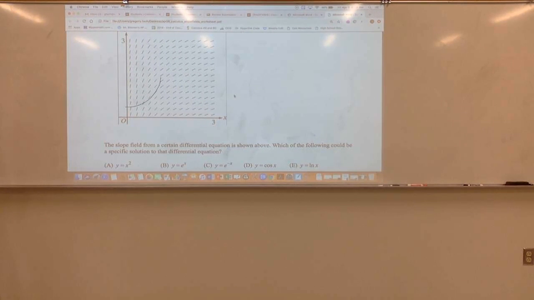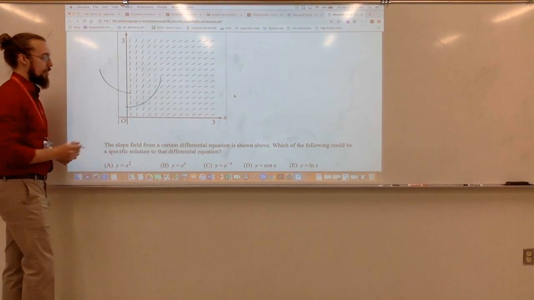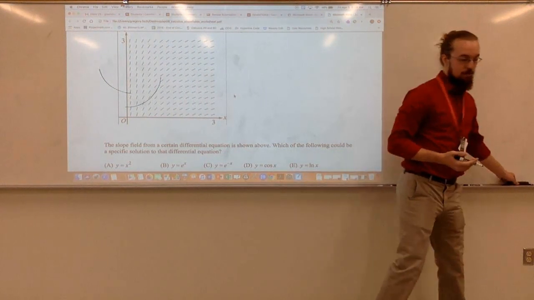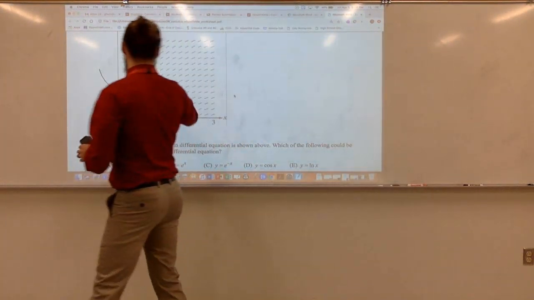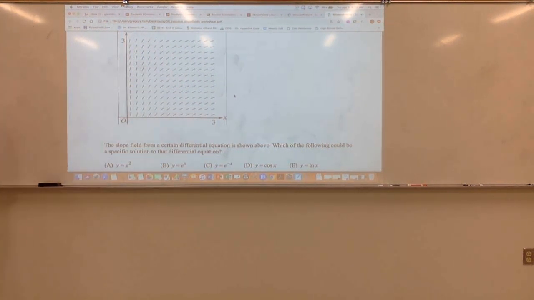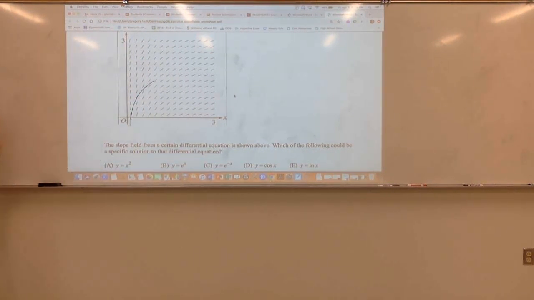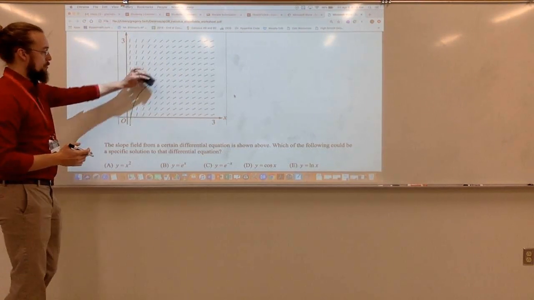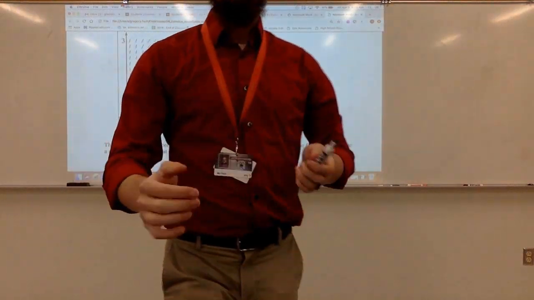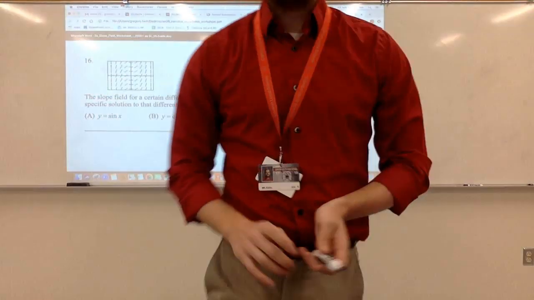It doesn't really follow that pattern. e to the negative x would follow that curve. It doesn't really follow that pattern. Cosine just repeats itself. So I think our only option is natural log. The natural log function does follow that shape. So I think our answer for this one would have to be E. And again, we should be able to recognize what shapes of these curves look like.